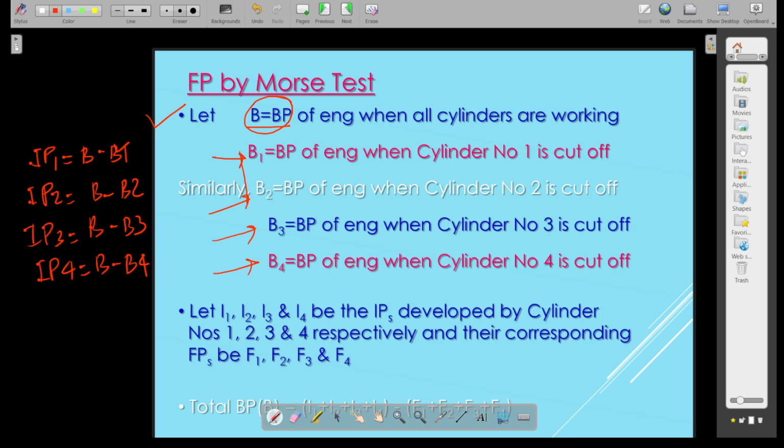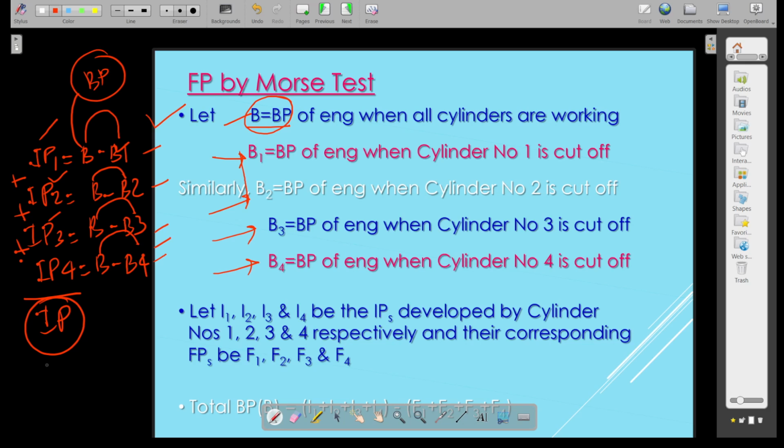सो हियर B1 B2 B3, इसमें क्या हो रहा है, मैंने क्या किया हूँ, पहला सिलेंडर कट ऑफ किया, दूसरा सिलेंडर कट ऑफ किया, थर्ड सिलेंडर कट ऑफ किया, और यहाँ पे फोर्थ सिलेंडर. इसका जो ब्रेक पावर है B1 B2 B3. तो देखो पहले मैंने व्हाट आई हैव डन, हैज रन ऑल सिलेंडर, आई हैव गॉट B. सो B माइनस B1 किया तो मुझे IP1 मिला, B माइनस B2 किया तो मुझे IP2 मिला, B माइनस B3 किया तो मुझे IP3 मिला, B माइनस B4 किया तो मुझे IP4 मिला. और जब मैं ऐड करता हूँ IP1 प्लस IP2 प्लस IP3 प्लस IP4, आई गेट IP. सो मुझे IP भी मिला. ये जो ब्रेक पावर तो मैंने पहले ही मेजर किया है. इफ आई फाइंड फ्रिक्शनल पावर, सो फ्रिक्शनल पावर विल बी IP माइनस BP.